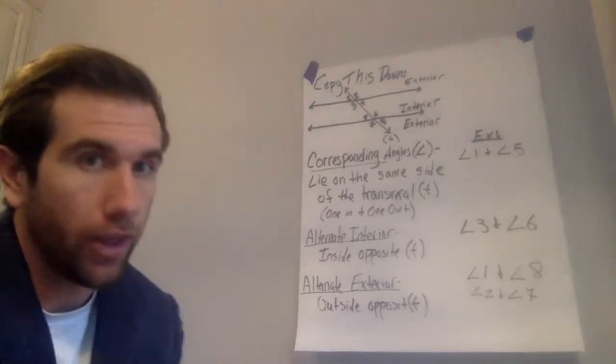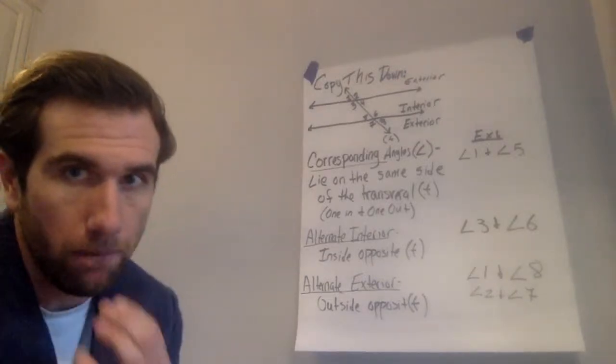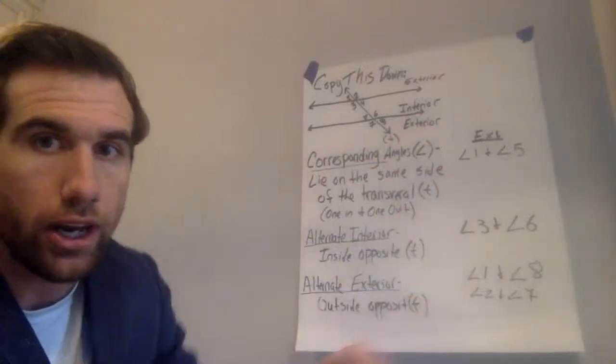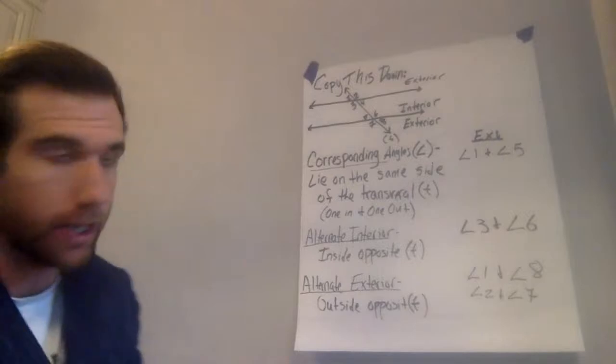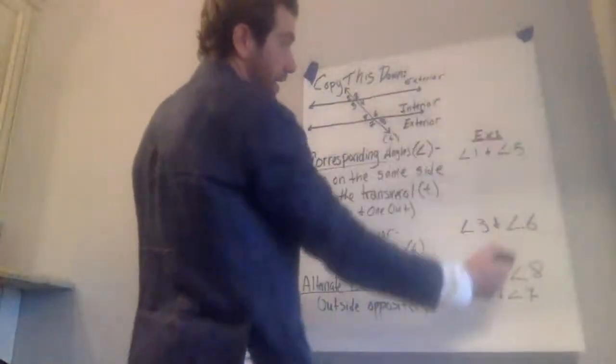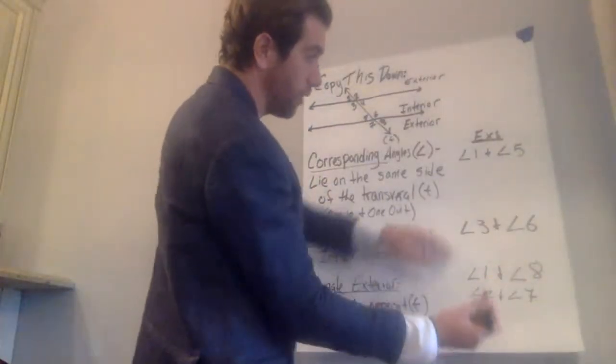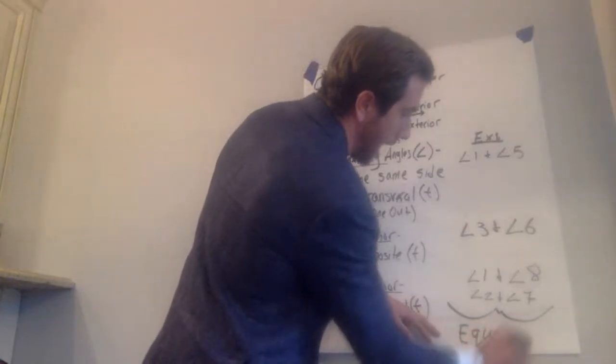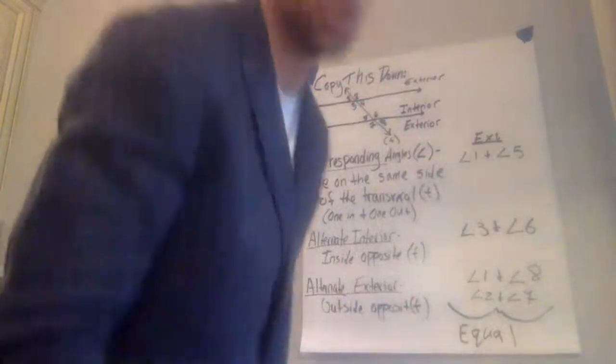Now, one thing I need you guys to copy down, very important, is what? All of these right here are equal. Wherever you want to put it, I'll put it all down here. These are all going to be equal. I'm not going to go into detail today about that. Just want you to know they're equal.